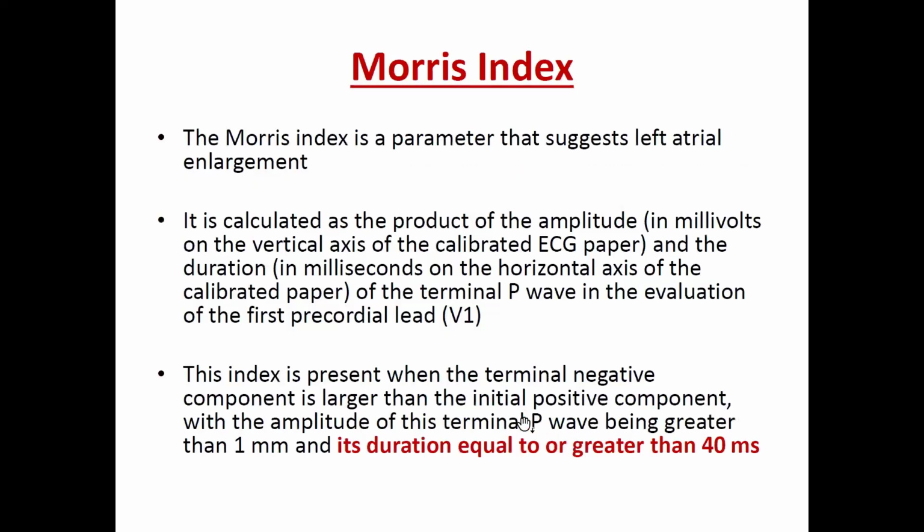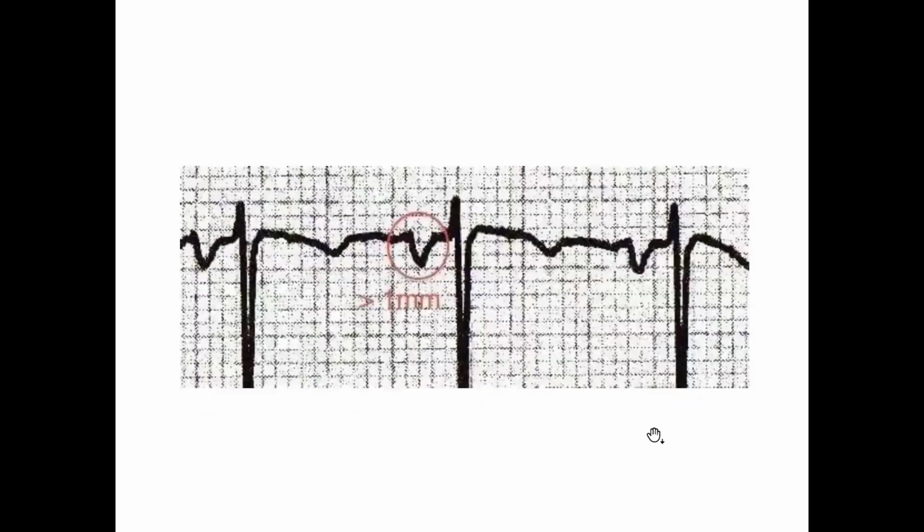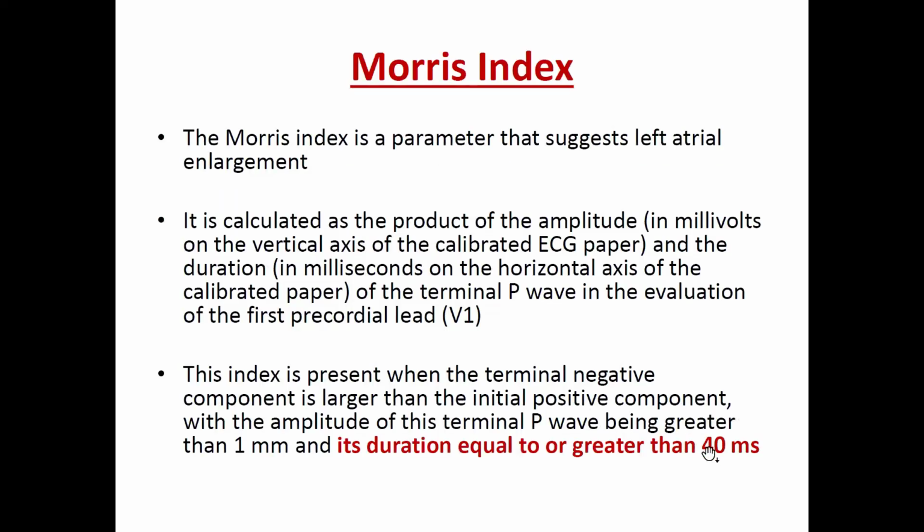We multiply the product of the amplitude in millivolts on the vertical axis and the duration in milliseconds on the horizontal axis of the calibrated paper. If this product, the depth multiplied by the duration, comes to be equal to or more than 40 milliseconds, then it is suggestive of left atrial enlargement.